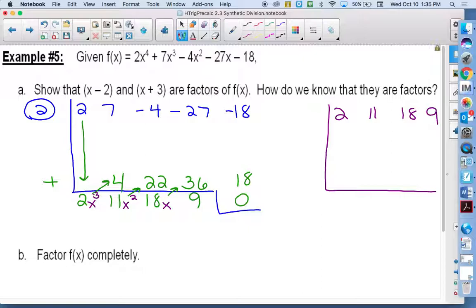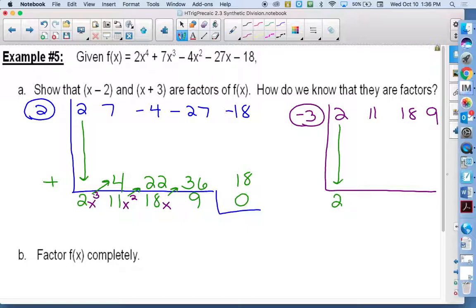So now we want to show that the other one is also a factor, but this time it's negative 3. We can't use the 2 because we already pulled that one out. So now we're going to see if negative 3 is a factor or an x-intercept as well. So we're using the answer as our quadratic division problem. So Sabrina, we bring down the 2.